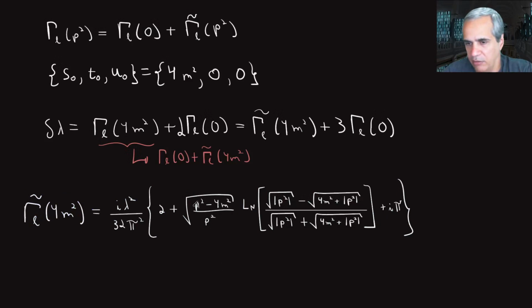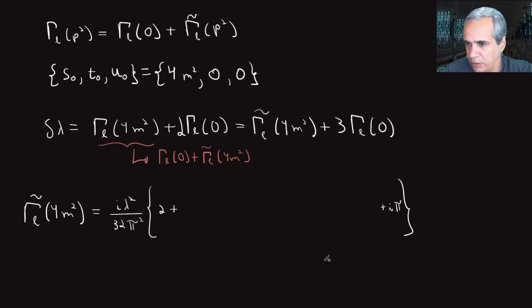So when I put p squared equal to 4m squared, this becomes 0. Also here becomes 0. So this whole middle part goes away because there's 0 in front and the logarithm is not diverging. In fact, it's becoming the logarithm of 1, which is 0 too, right?